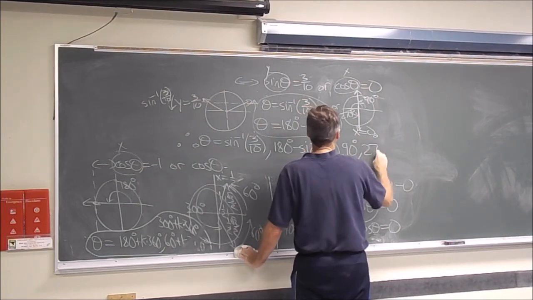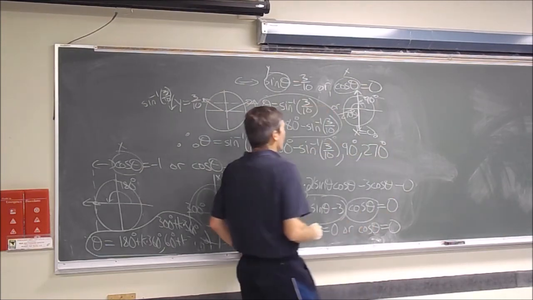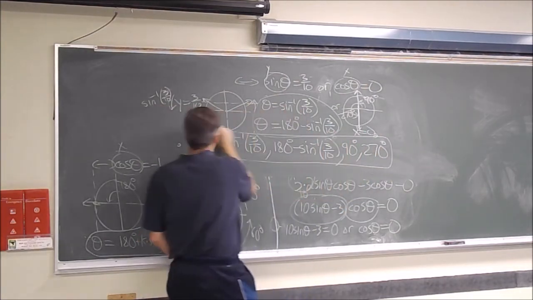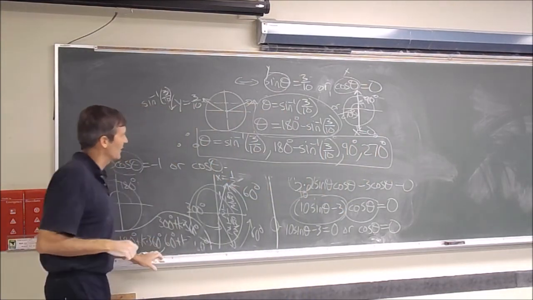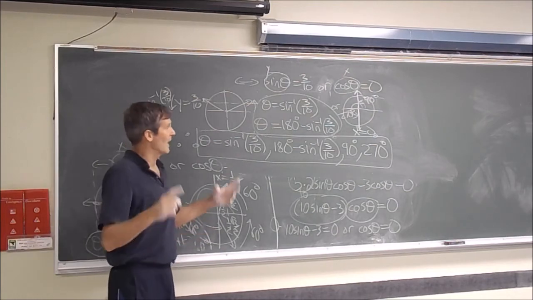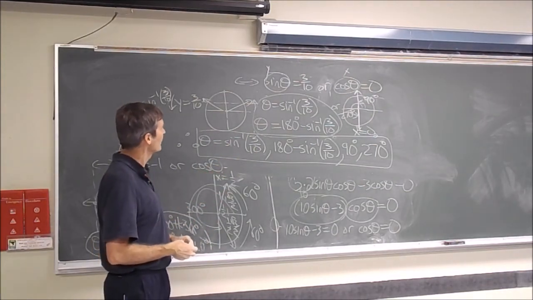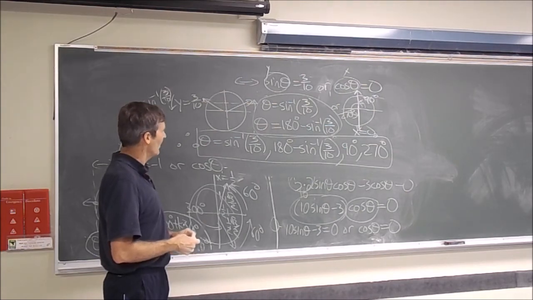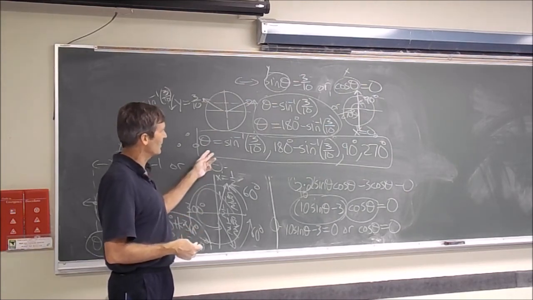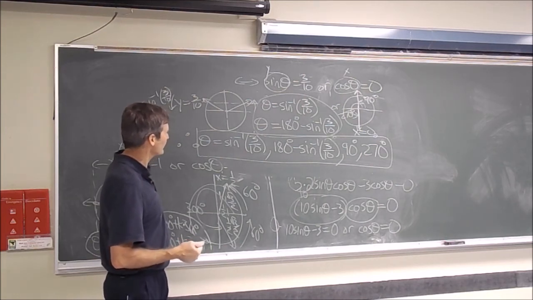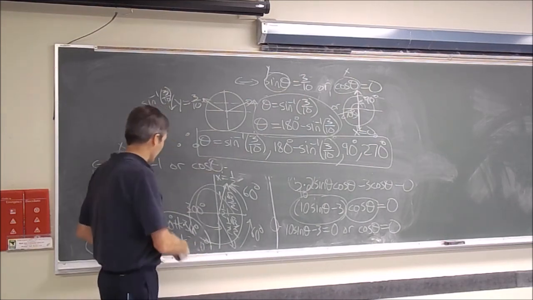Or it could be 270 degrees. 4 different angles for this one, between 0 and 360 degrees. If I ask you for all angles, you just put plus k times 360 in each of these and you'd have all angles. Well, let's try those, see if you can do the homework. This kind is pretty tough. We should do one more example of that.